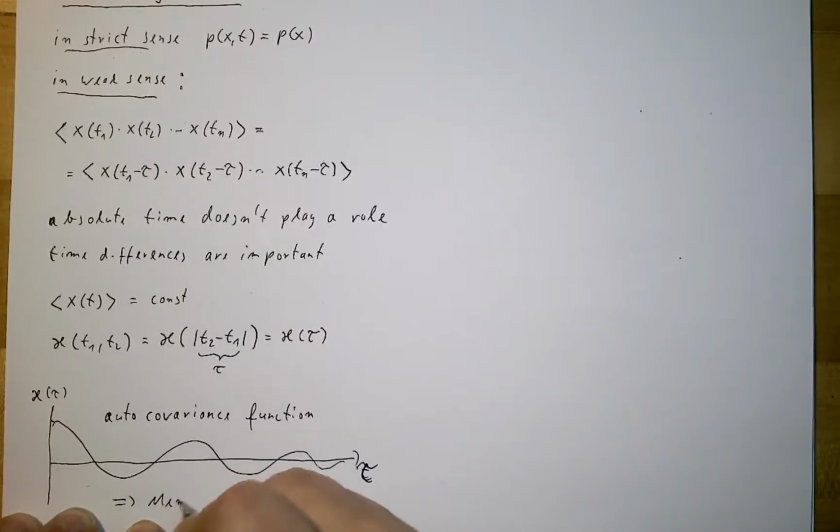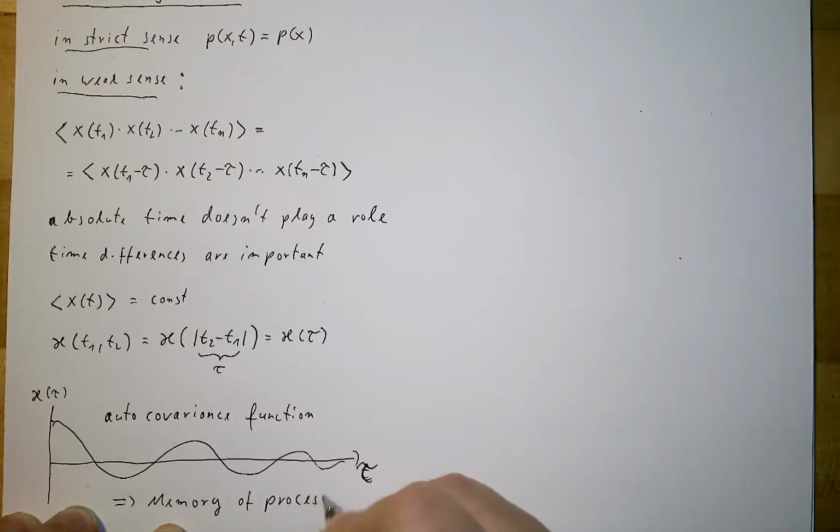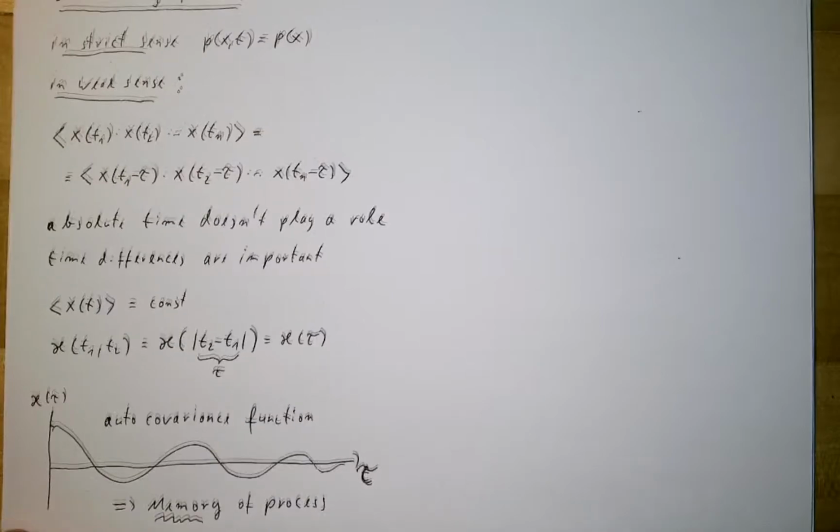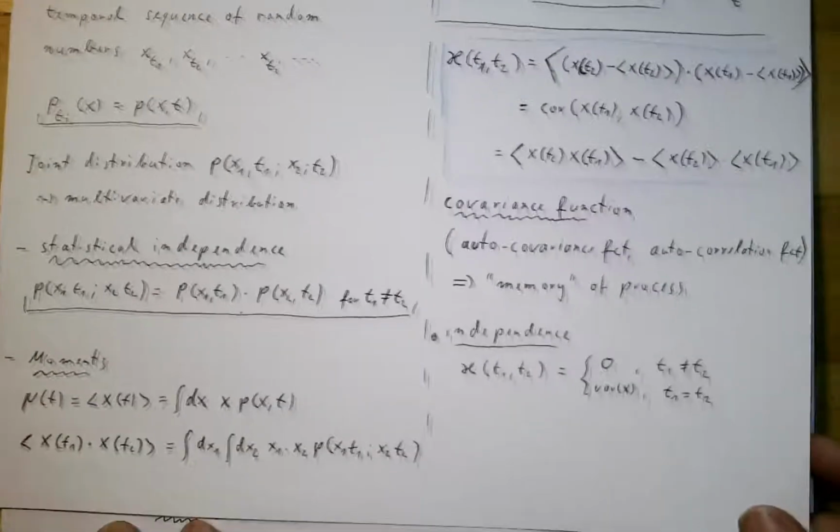So if we have a stationary process, we can characterize the memory by this function for different time instances. Now let's come back to this here.